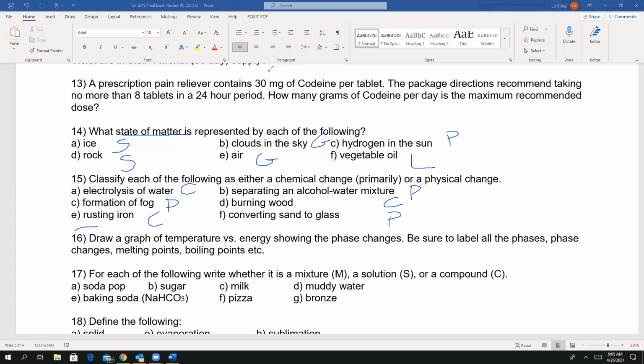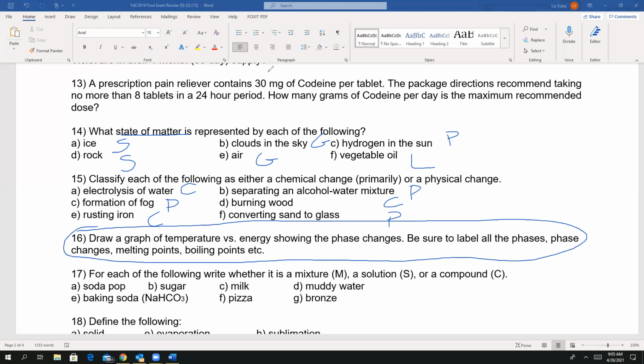Now, for this one, you don't have to draw it. Just go look at your phase of matter drawings. Make sure that you know what you're doing, because we may ask you questions about them on your final. Remember, that's your melting point, that's your boiling point.